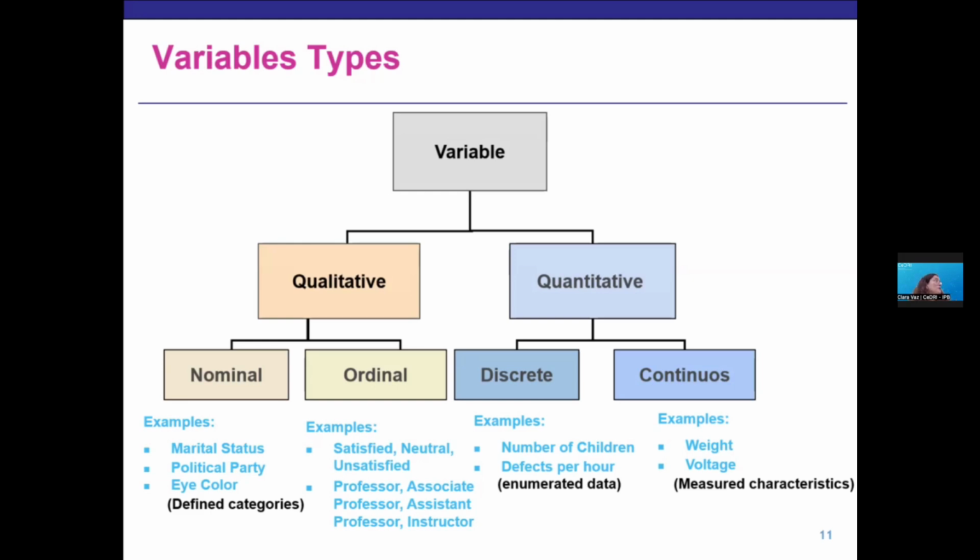On the opposite side, we have the quantitative data that are represented by numbers. If we identify the values as counts, we can classify the variable as a discrete variable, or if the quantitative variable is measured, this will be a continuous variable. The nature of the variable is very important to identify the suitable statistics and also the suitable graphs to represent these variables.